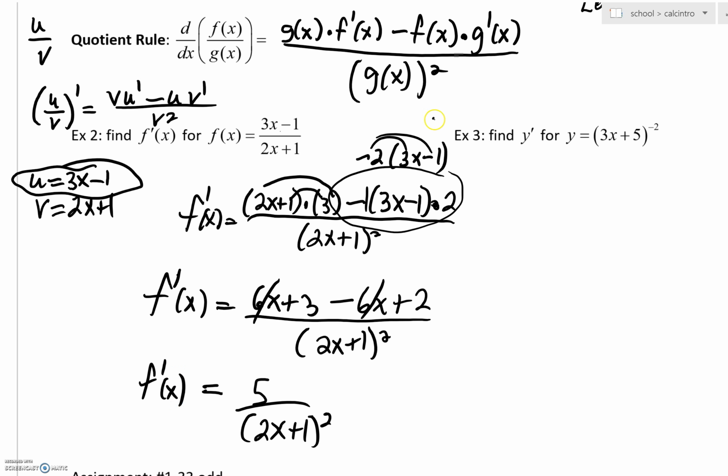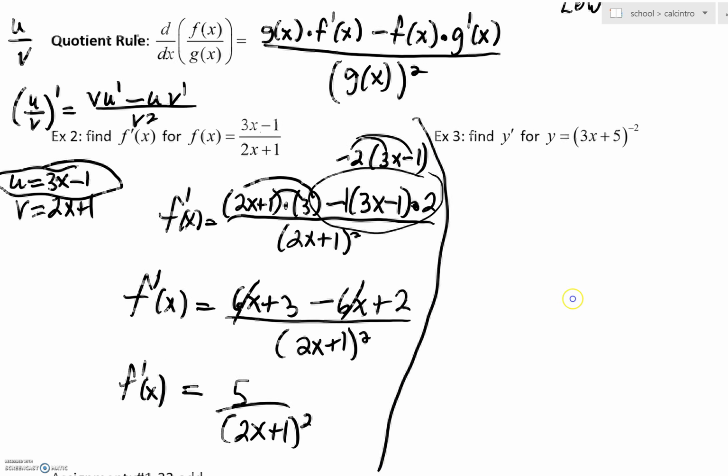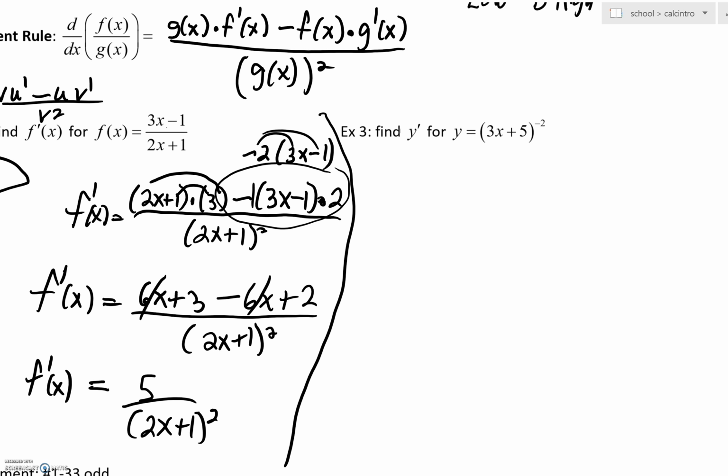For our last problem, example 3 here, here's the problem that we're going to have. Obviously, we look at y as 1 over 3x plus 5 to the second.